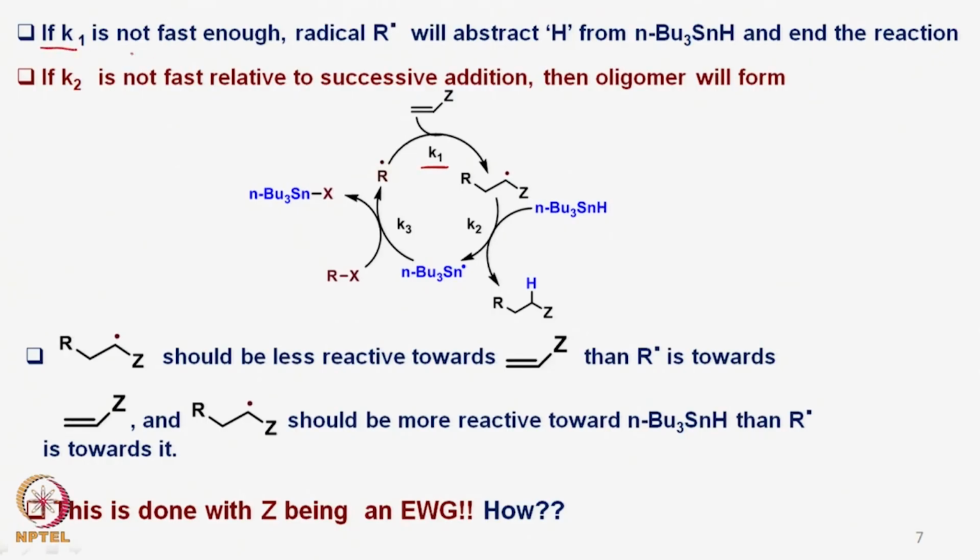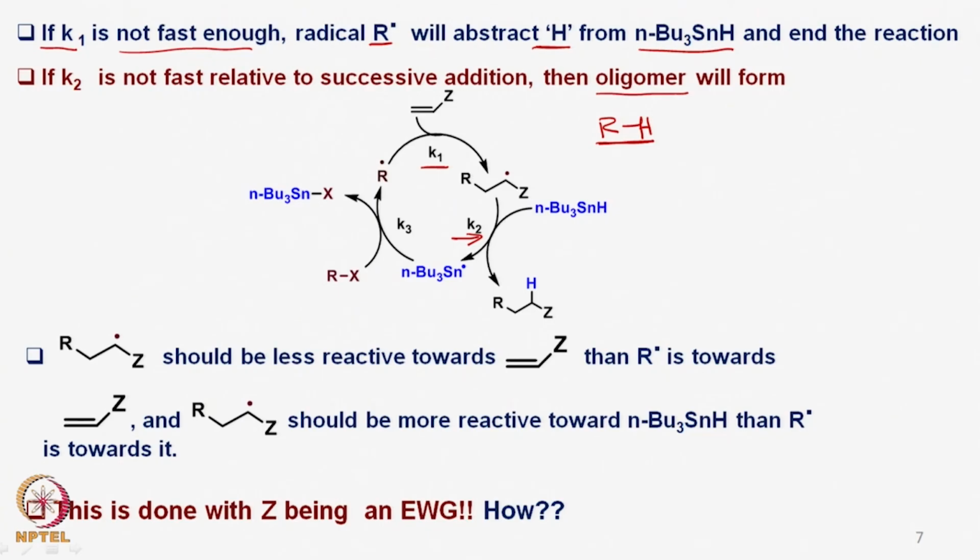So in this respect, what has been found is that if K1, which is shown again here, is not fast enough, then R dot obviously will abstract the hydrogen from tributyltin hydride and the reaction will end in the reduction, and this is the product that is going to form. But if K2 is not fast relative to successive addition, so if this particular rate here is not fast enough, then this radical will not get quenched, but it will react further and then oligomer or polymer will form.